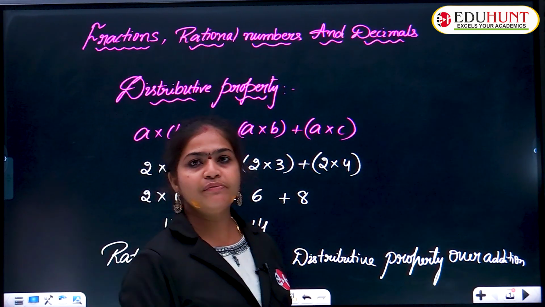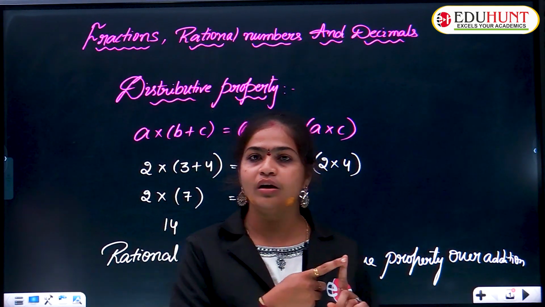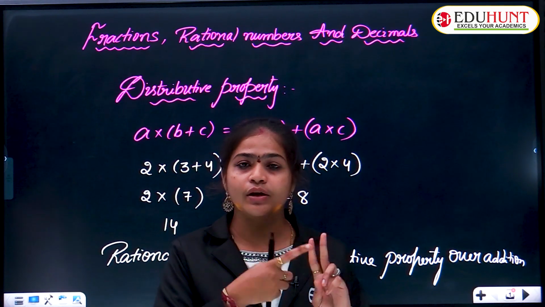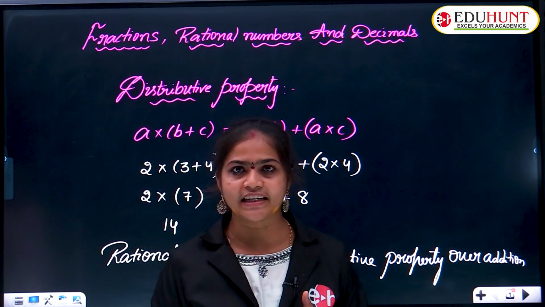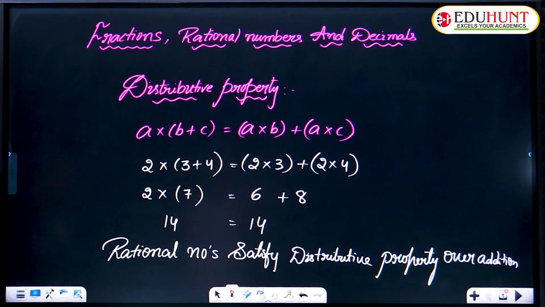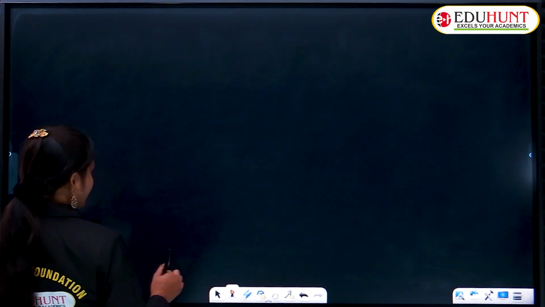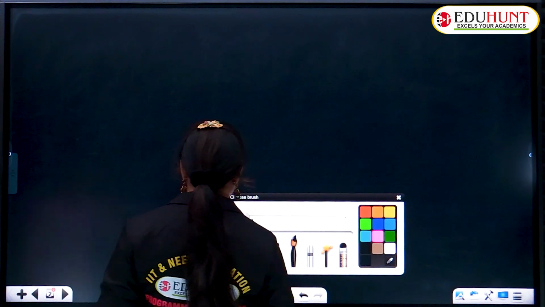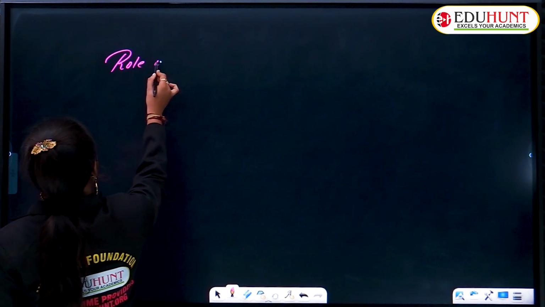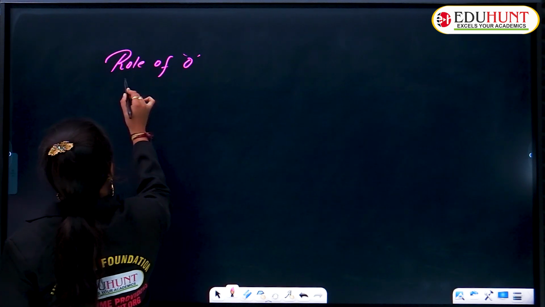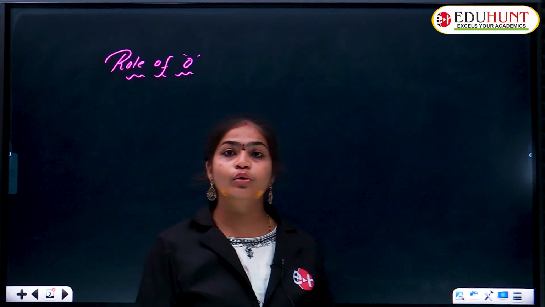After this we have the identity rules, that is the role of 0 and the role of 1, which are related to addition and multiplication. Okay, next we have the role of 0.